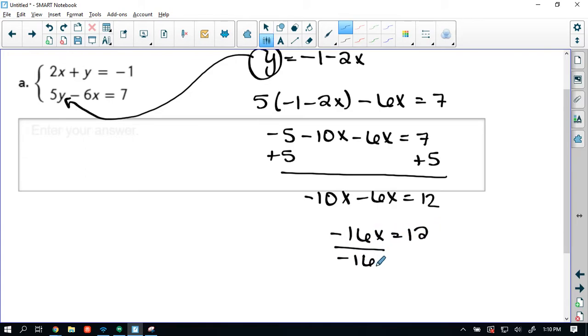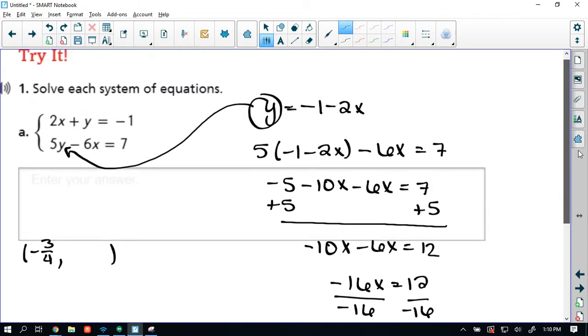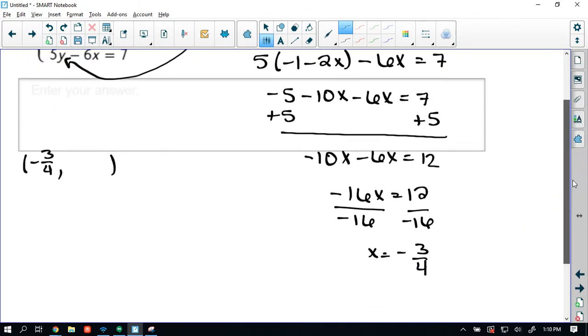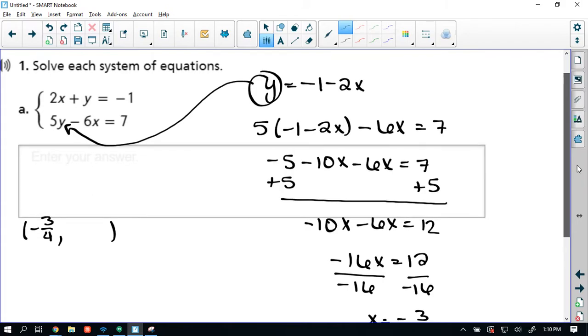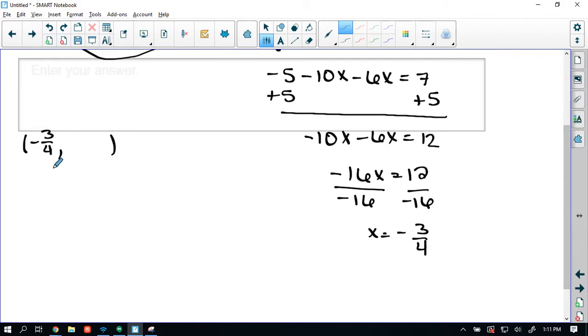Divide by negative 16. And I get a lovely fraction of negative 3/4. So that's my x component. For my y solution, I'm going to plug that into the first equation.